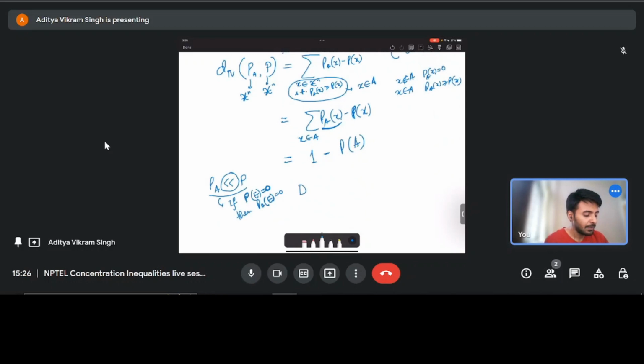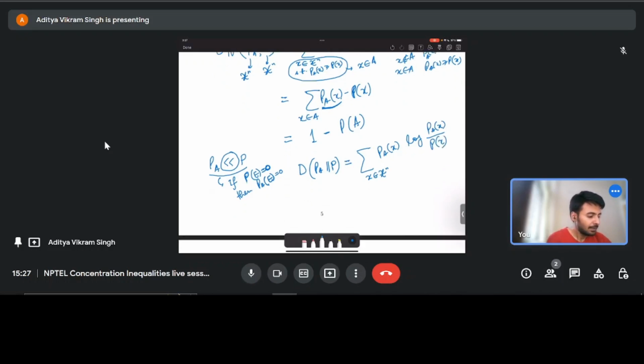So let's compute the KL divergence of PA from P. This just becomes the sum over x belonging to Xn of PA of x log of PA of x by P of x. And we know that PA of x is just P of x by P of A, and then by P of x.